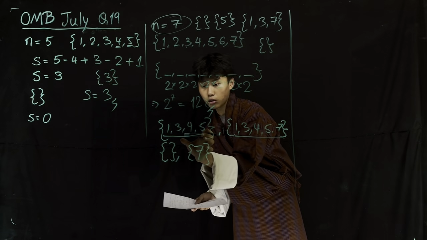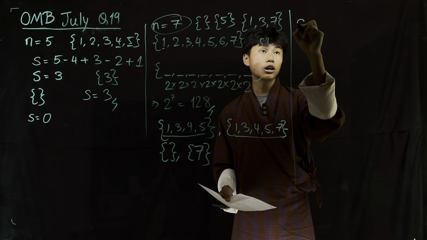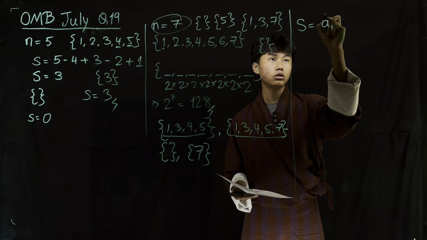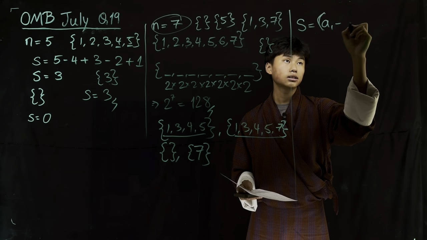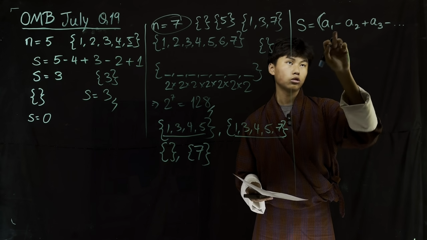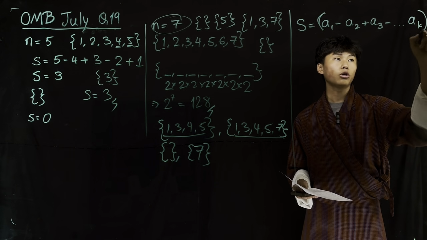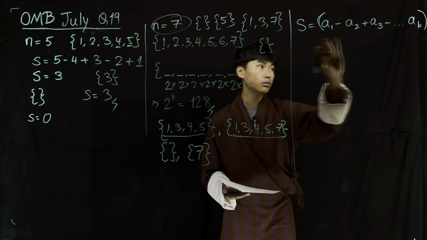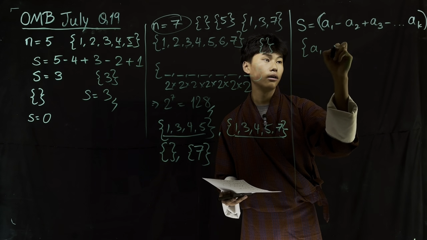Let's say your first subset, the subsets that do not contain the number 7, their alternating sum can be given by the formula S equals A1, where A1 is the biggest element in your subset, minus A2 plus A3, minus, and so on. You're alternating between subtraction and addition, all the way up to, let's say, AK, your smallest element in the subset, right? That makes sense, right? So this will be for your subset, which looks something like this, right?